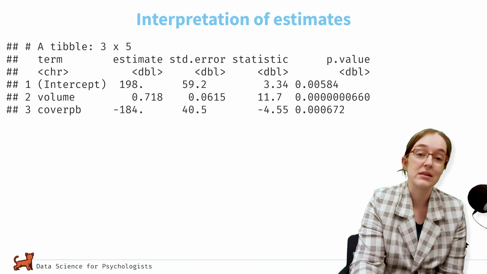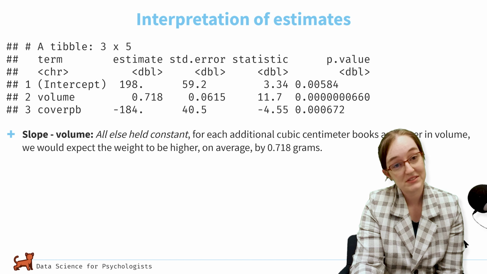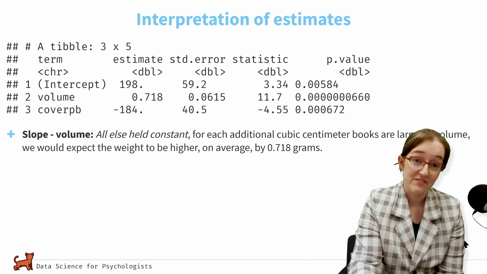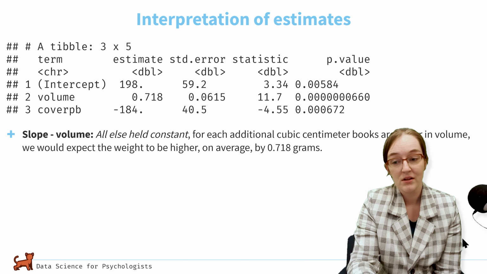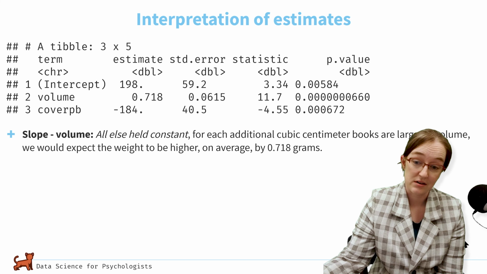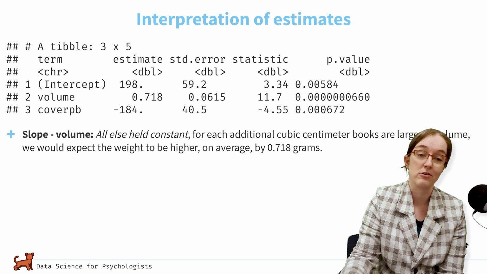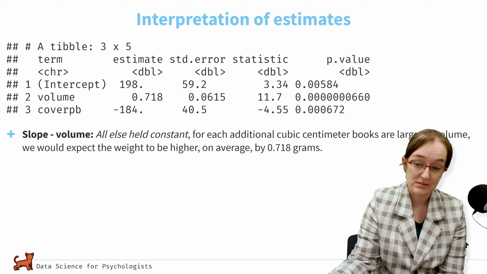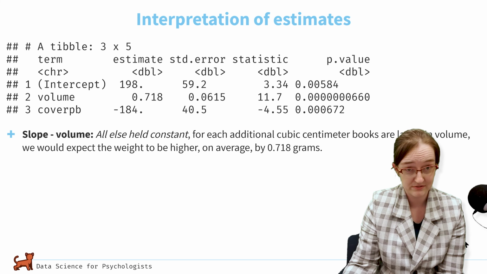Apparently I was supposed to save the estimate interpretation. Oops. So here is our final estimate interpretation. Slope for volume, all else held constant, so all else being equal, for every additional cubic centimeter books are larger in volume, we would expect the weight to be higher on average by 0.72 grams. You'll notice that this language is not causal, it's not predictive, it's descriptive.